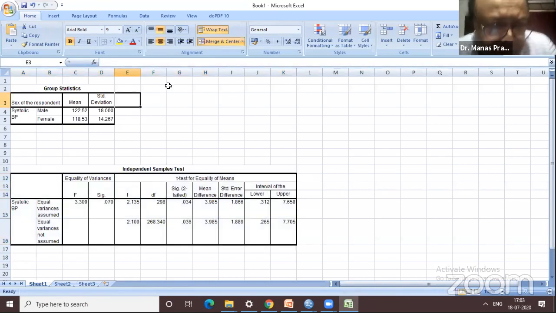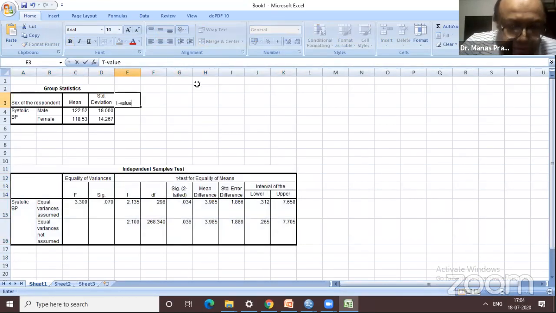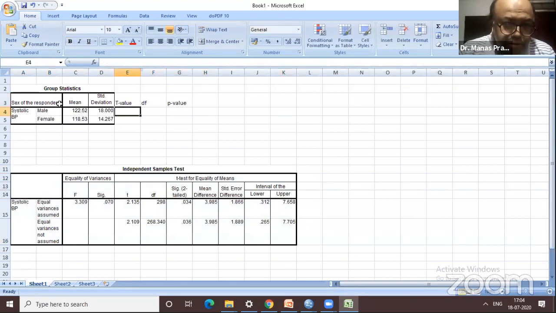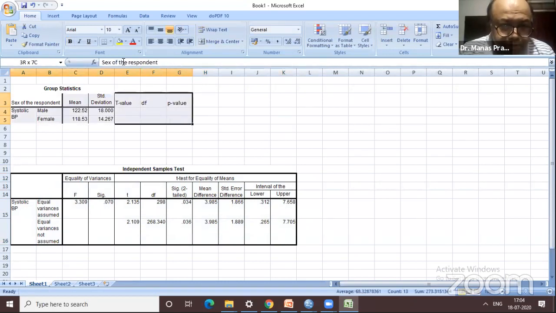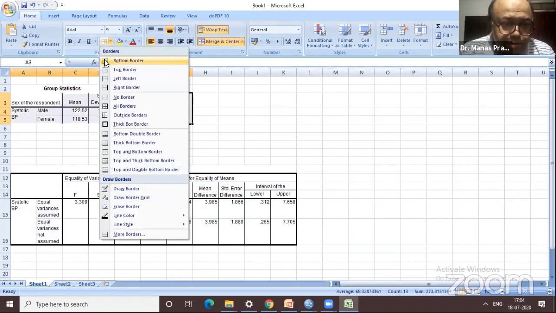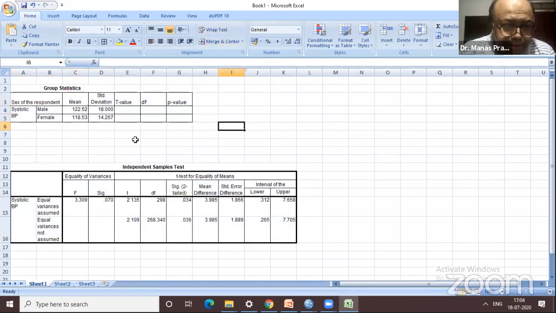So here we make 3 columns: t value, degrees of freedom, and p value. Give borders.